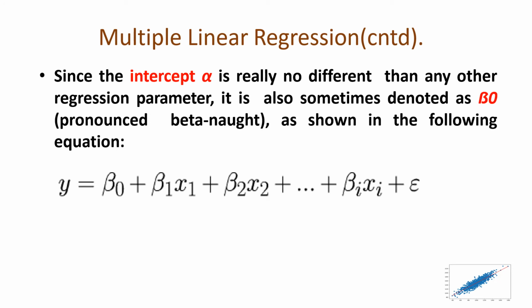Since the intercept alpha is really no different than any other regression parameter, it is also sometimes denoted as beta 0 or beta naught. In the previous simple linear regression format, we said y equals beta 0 plus beta 1 x plus epsilon. Here, instead of beta 0, we represent it as alpha. But in most notations, it is specified by beta naught or beta 0 itself.